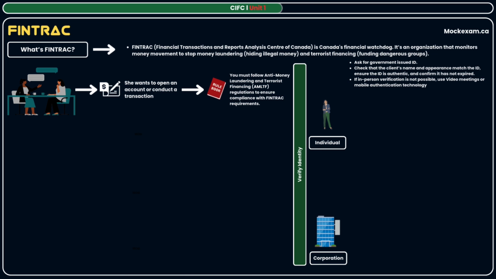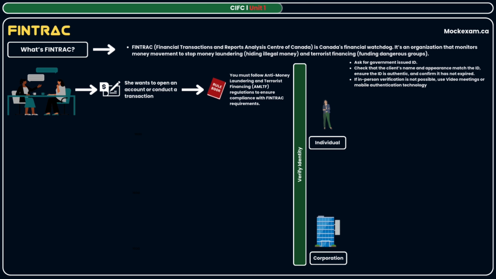Check that the client's name and appearance match the ID. Ensure the ID is authentic and confirm it has not expired. Okay. If in-person verification is not possible, use video meetings or mobile authentication technology.